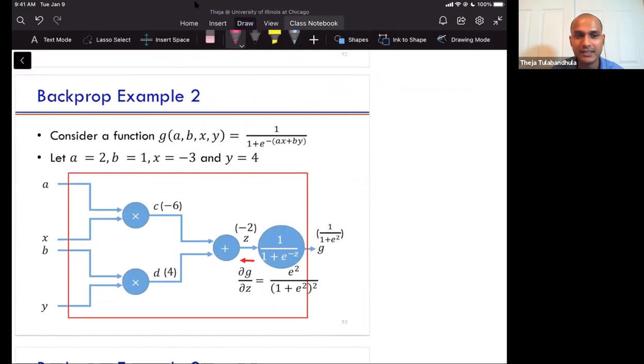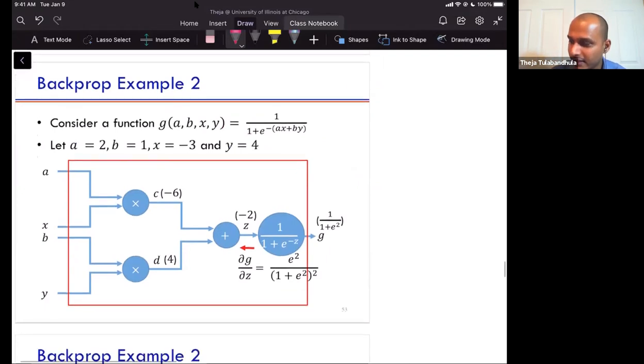In fact, behind the scenes, it represents any function, any model, any input-output function, as a graph, and just does these local computations. Because these graphs are directed and acyclic, there's no ambiguity. So let's look at this function. It's a little bit more complicated: 1 by 1 plus e to the power minus (ax plus by). If you forget about this graph idea, and I give you this function and ask for the gradient of g with respect to x, you can find it.